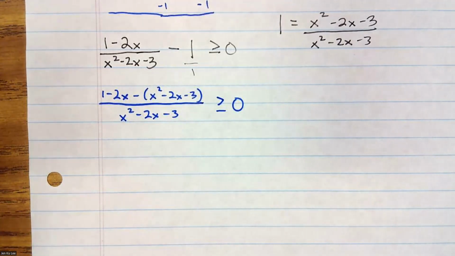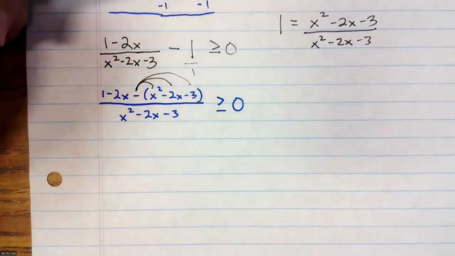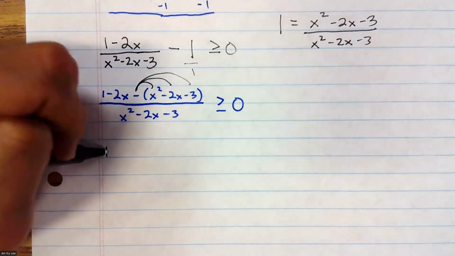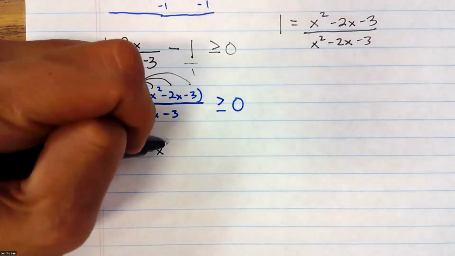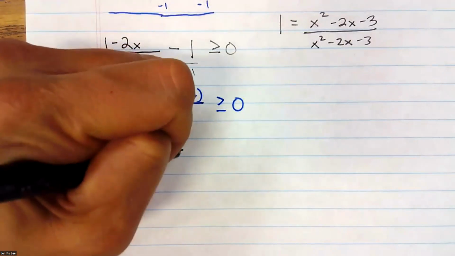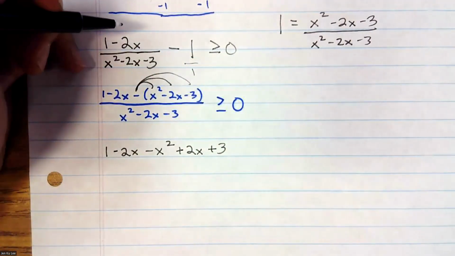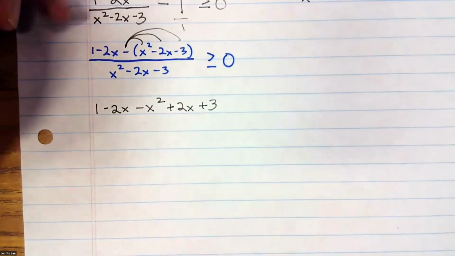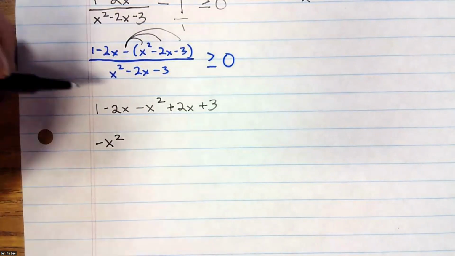Now I'm going to clean up the top by distributing out that negative and gathering the like terms. So that's 1 minus 2x minus x squared plus 2x plus 3. Gathering the like terms, negative x squared.